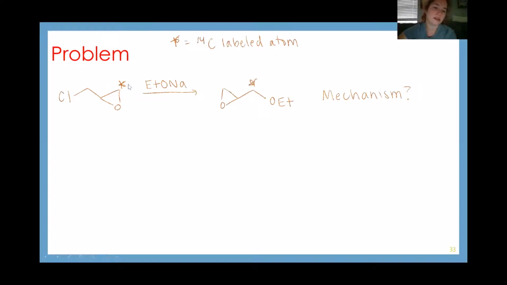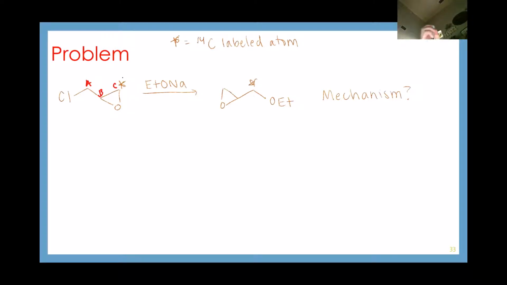In this case, the carbon 14 atom is this atom right here, and it's in the epoxide. But after a reaction with ethoxide, the carbon 14 atom is here attached to the ethoxide. So the carbon framework is not changing, but the location of the epoxide is.